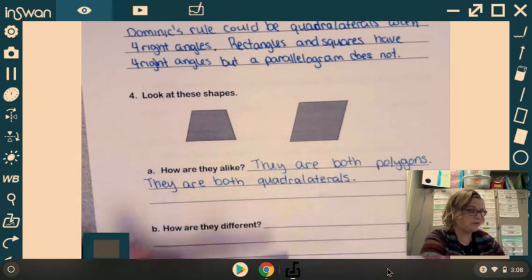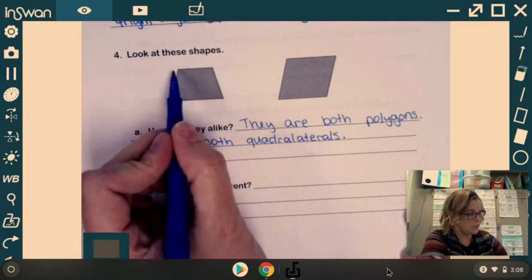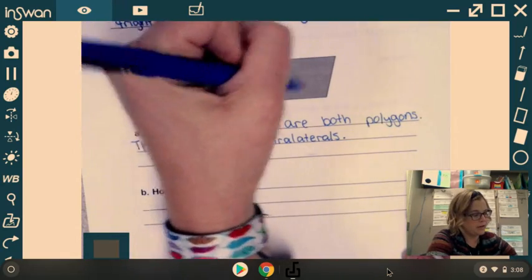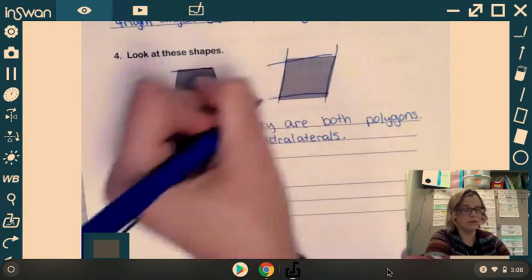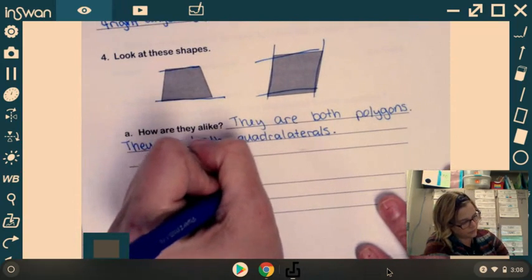How they are different is the trapezoid has 1 pair of parallel sides, but the parallelogram has 2 pairs of parallel sides. So that's how they are different.